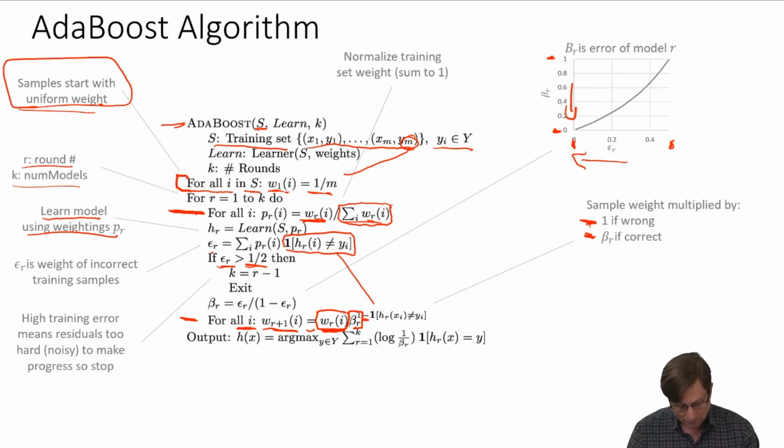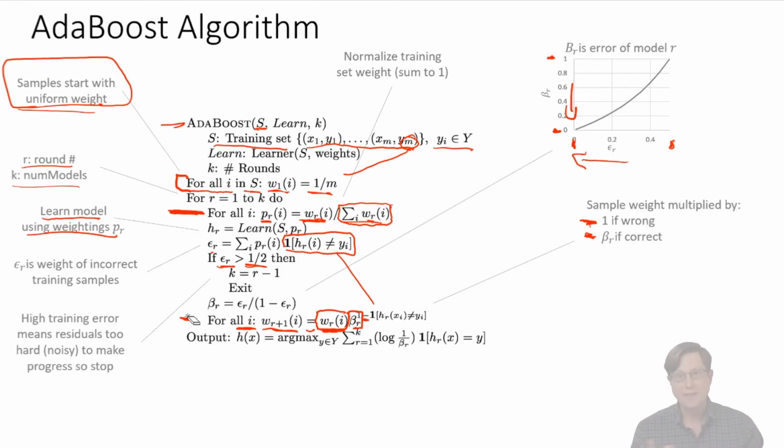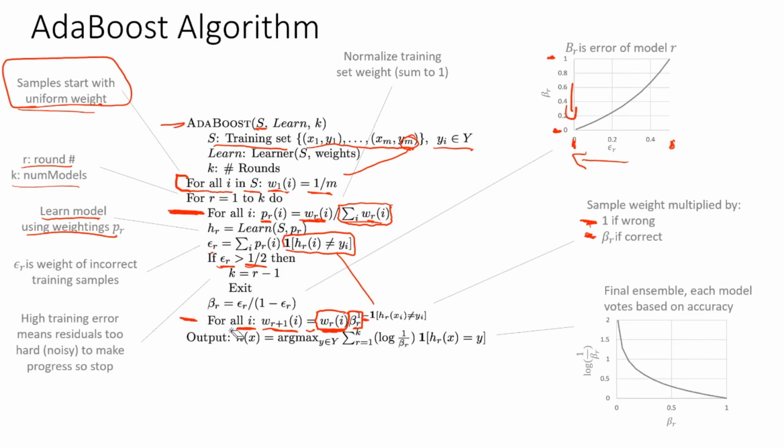So after this row, the P_R's will sum up to 1. And when you call the learning algorithm, the weight of all the training examples it's going to look at will sum up to 1. That's essentially what that does to keep things well behaved. Then at the end, what you do is you have to vote the models. And the beta determines how much vote each model gets.